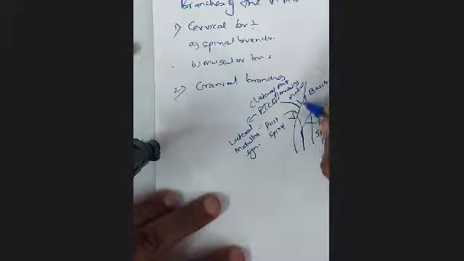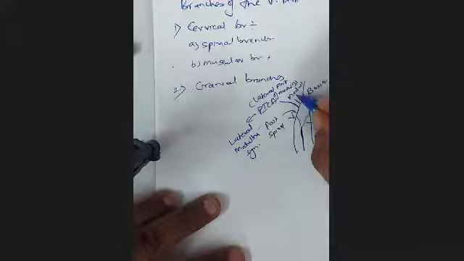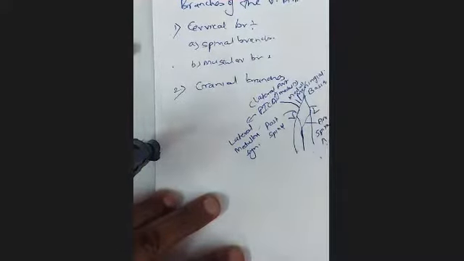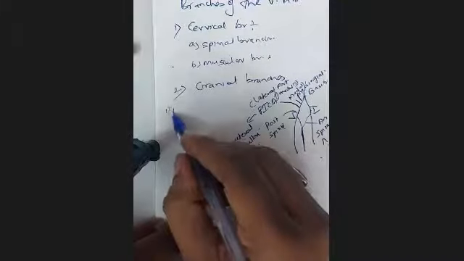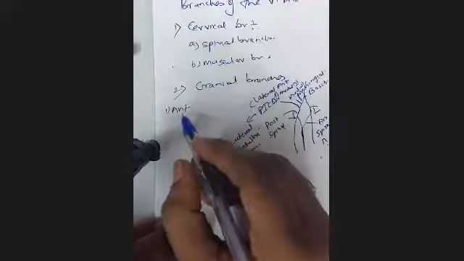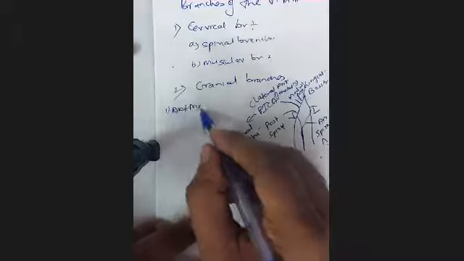Then there are medullary branches which go and supply the medulla. And then there are meningeal branches. I would start with the meningeal branches.